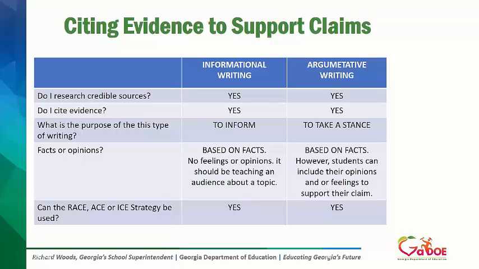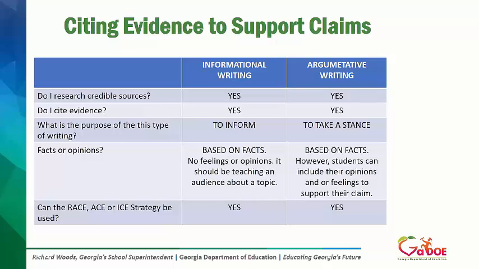And the purpose of each one matters, because sometimes the students get really into the topic and want to put in their opinions, but if I want them to write an informational piece, then it needs to be just to inform, whereas argumentative writing has to take a stance, right? So if they're informing the audience in informational writing, it's got to be based on facts, no feelings or opinions.